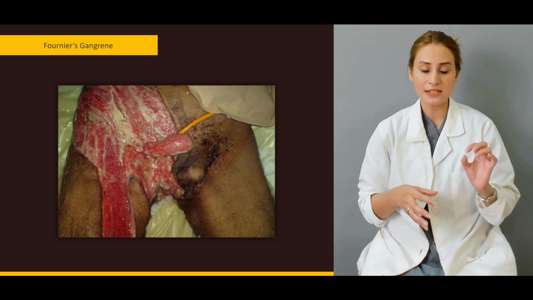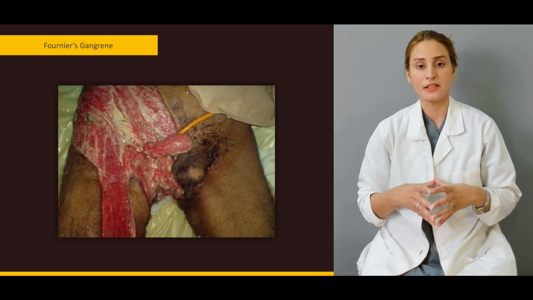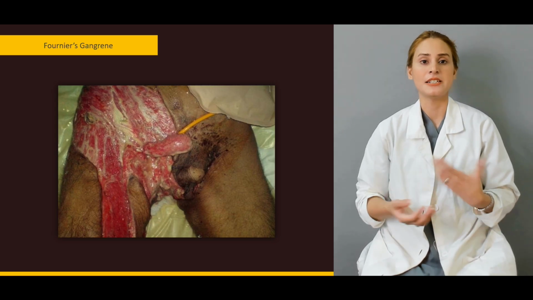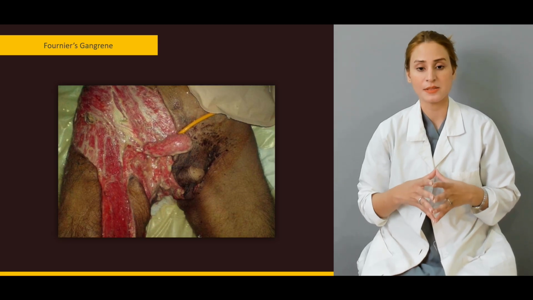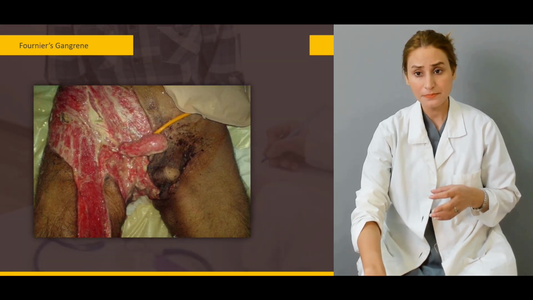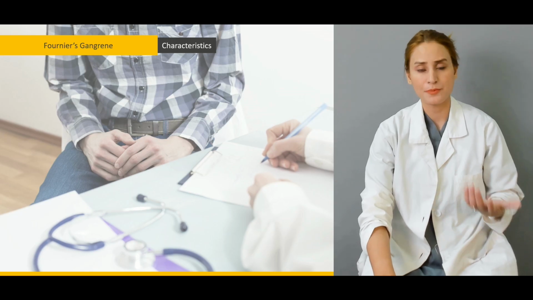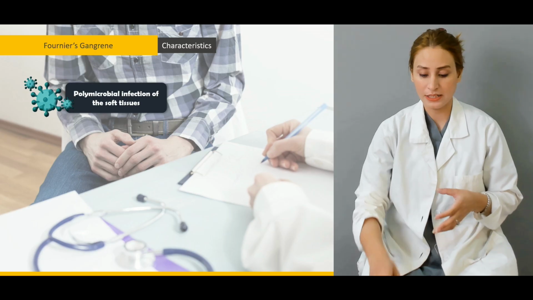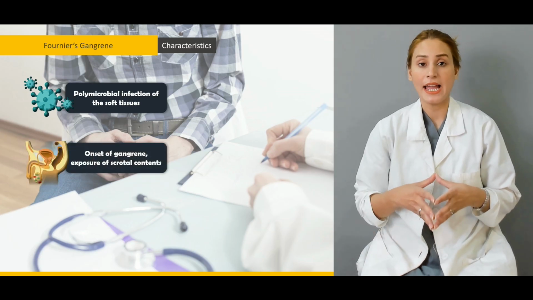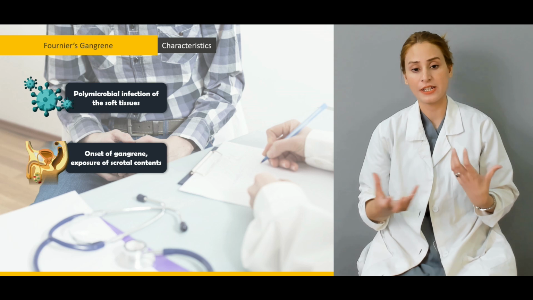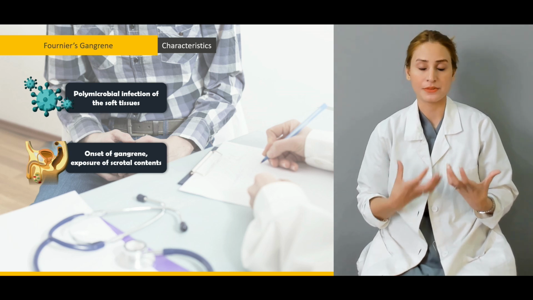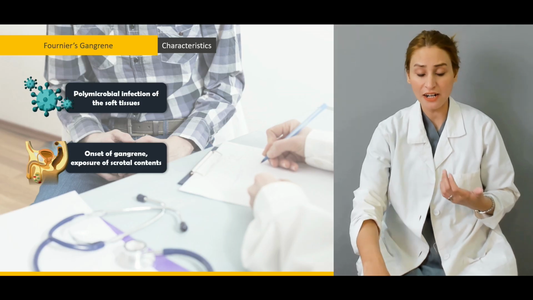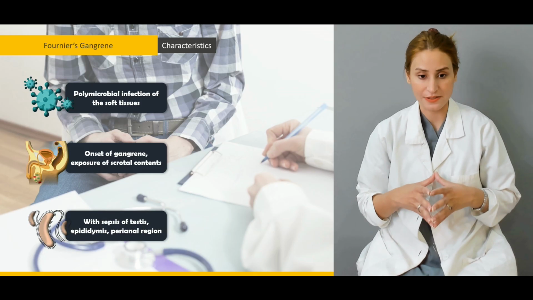Because of that obliteration of the vasculature, the blood supply is compromised, and it ultimately leads to necrosis, and ultimately to gangrene. If we talk about the characteristics, there's a polymicrobial infection of the soft tissue, and first of all there is necrosis in the skin, secondary to the compromise in the blood vasculature.